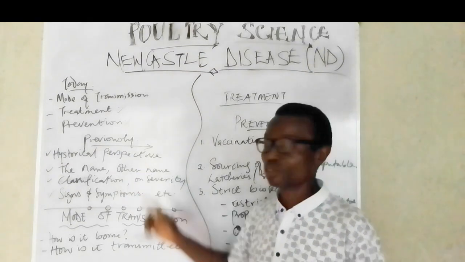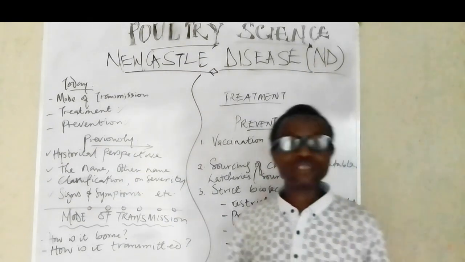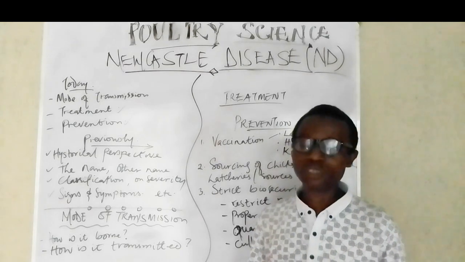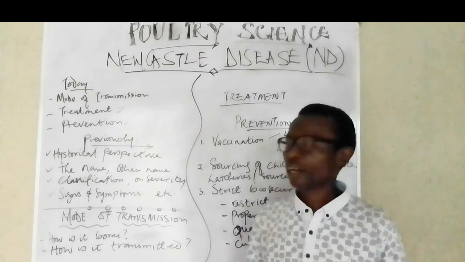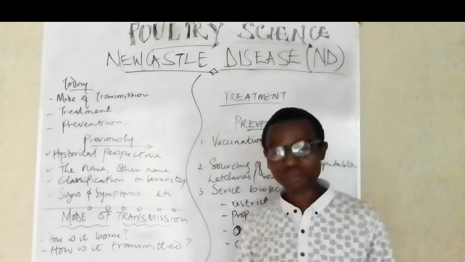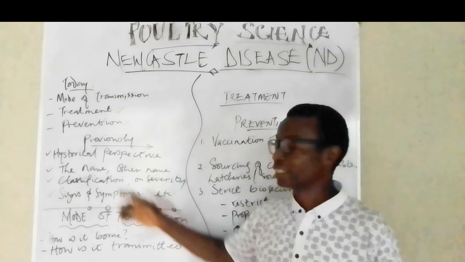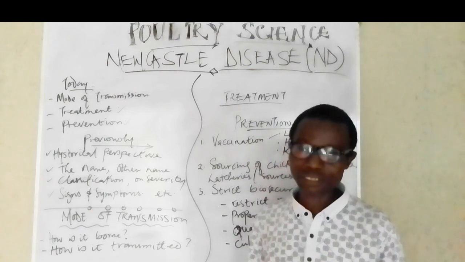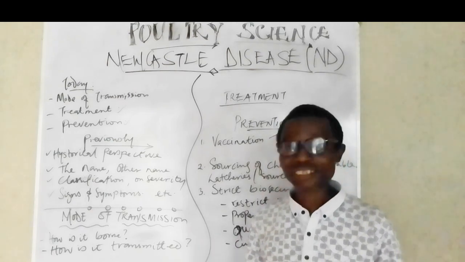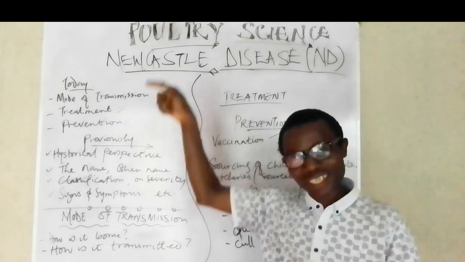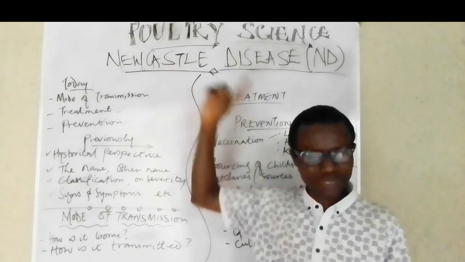We talked about the historical perspective that Newcastle disease was named after a city in the UK, England, called Newcastle. It was initially discovered in Java, in Indonesia, and then the name was seen to be pneumoencephalitis. Sorry, I keep mixing it up with another ailment that I have treated previously.